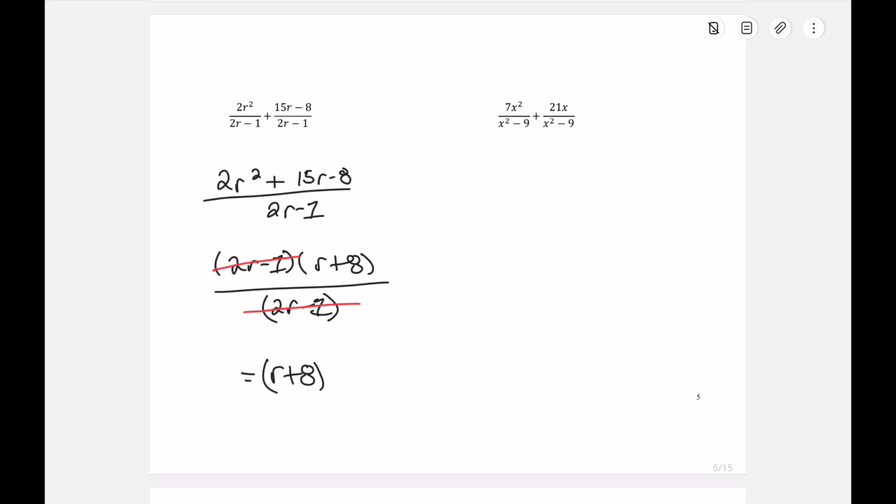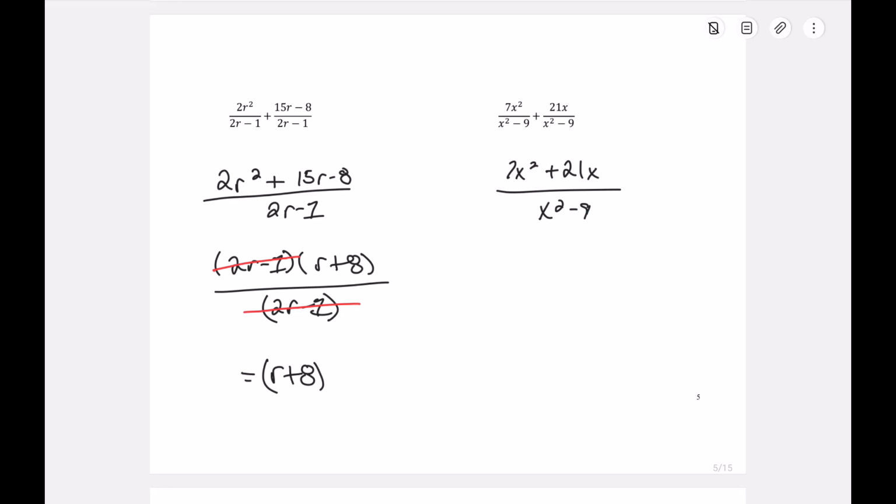So next we're given 7x squared all over x squared minus 9 plus 21x all over x squared minus 9. Since we're just adding these together, we can do 7x squared plus 21x all over x squared minus 9.